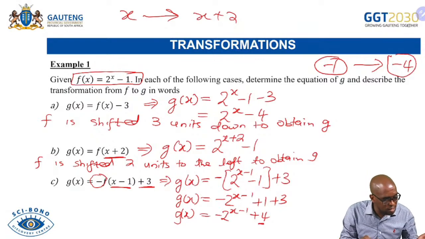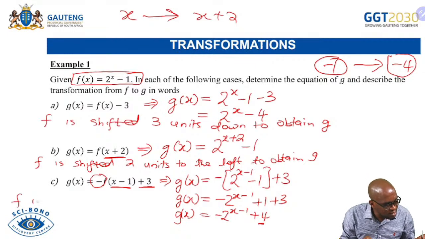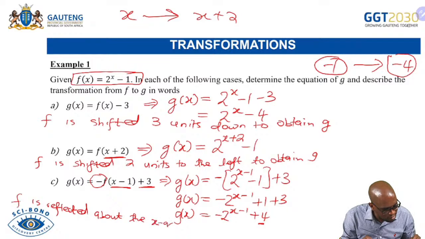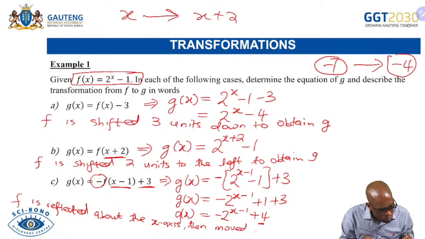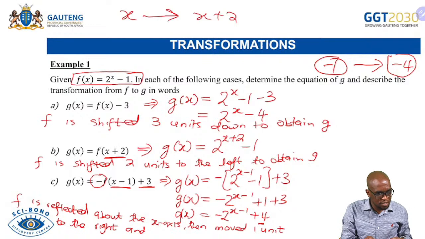So what we can say here is that f is reflected about the x-axis, then moved 1 unit to the right, and we want to check the vertical movement.